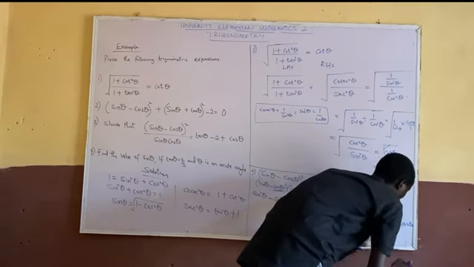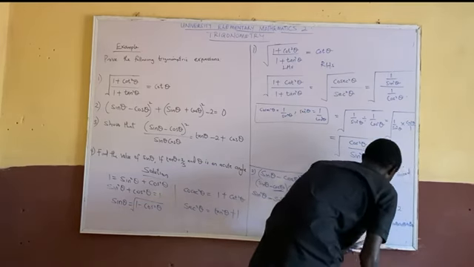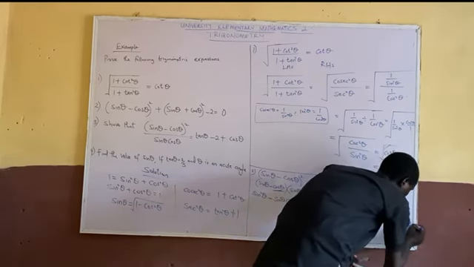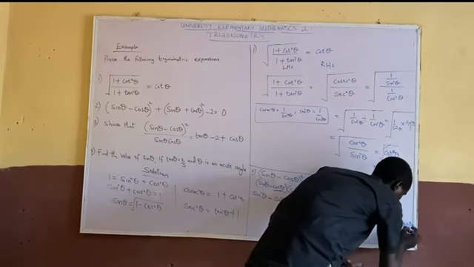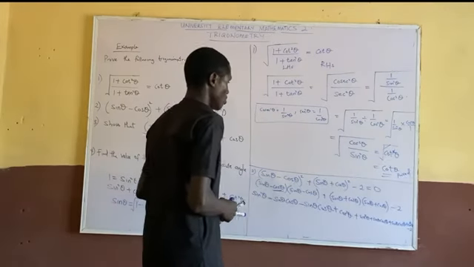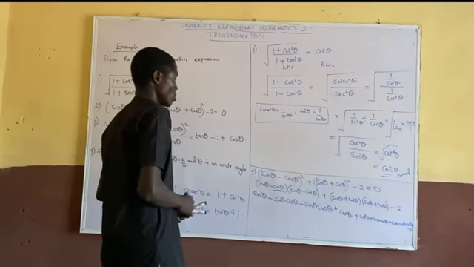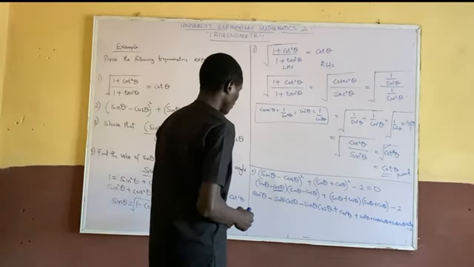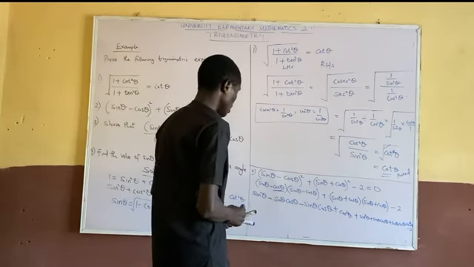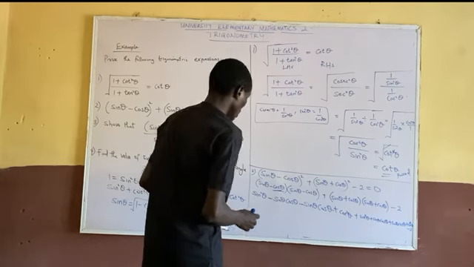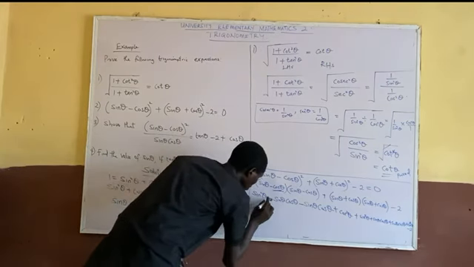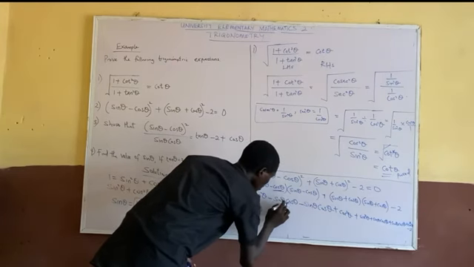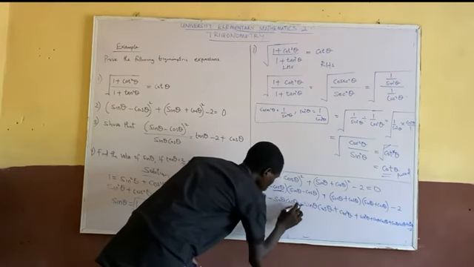Now don't forget that you have minus 2 here, minus 2 here, minus 2 here. So now from here we can do something. We have sin square theta, now minus sin theta cos theta, minus sin theta cos theta, minus sin theta cos theta.